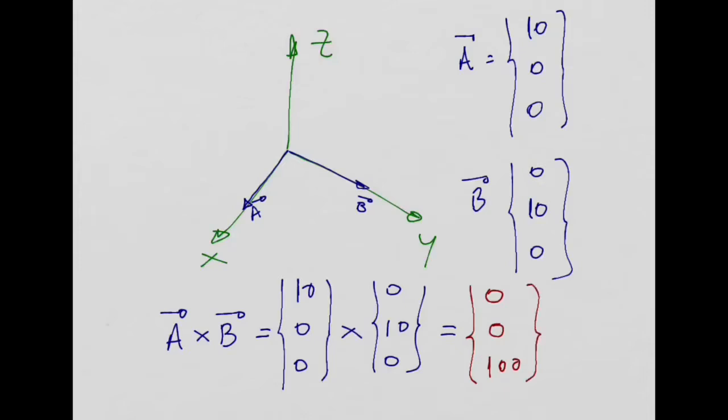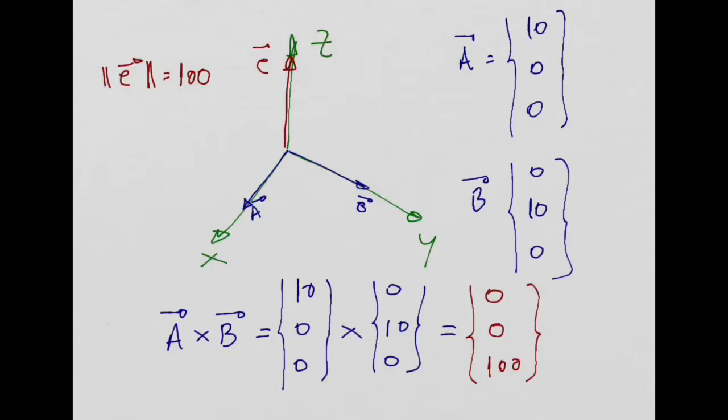And this, in fact, is a vector along this z direction, vector C, for example, and the norm of C is 100. The norm or intensity of this vector is 100 and is aligned with z direction, right?